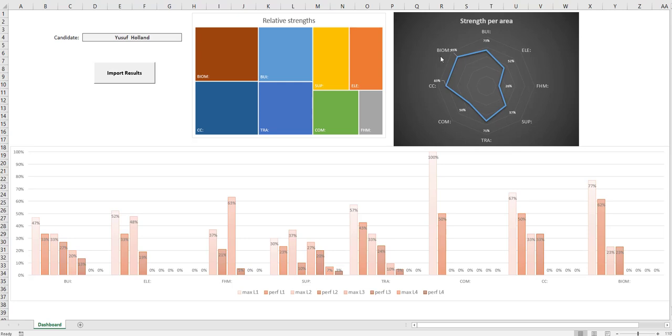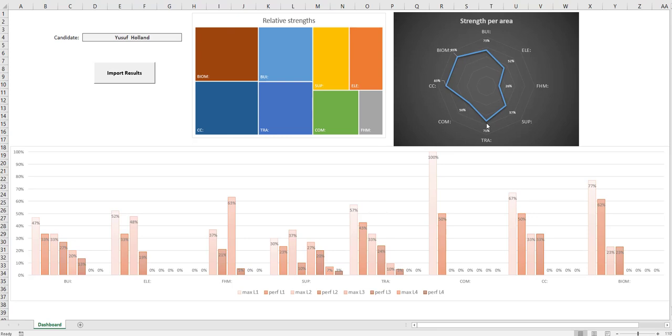The next screen is the spider net, where the plot represents the actual score per area, and that is actually matching the visual representation. So we see here in the biomed, this person has done 85% in answering the questions of the intake test on biomed, 83% in cold chain, which fits the bigger blocks on the colorful one.